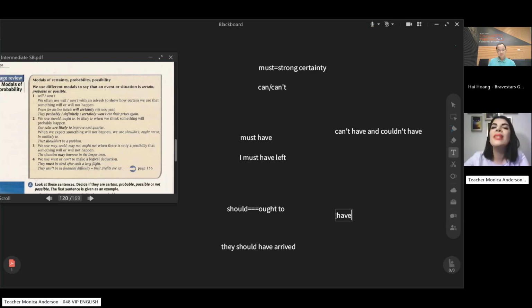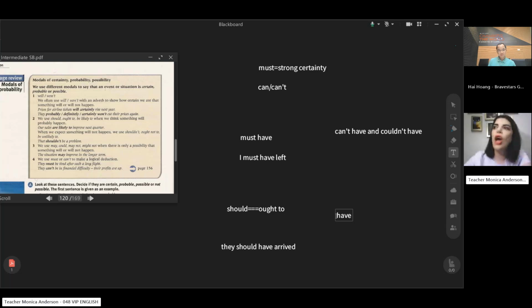Now, we have possibility. This is about probability, should, and now when something is possible, but there is no guarantee. So you can use may, might, could. Again, could can be used here. The use of could here is different from could for certainty, because that is about the third conditional.